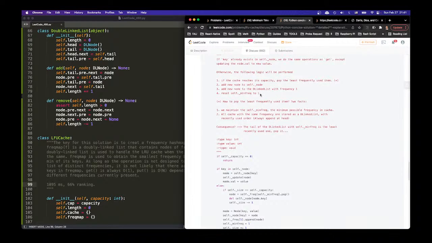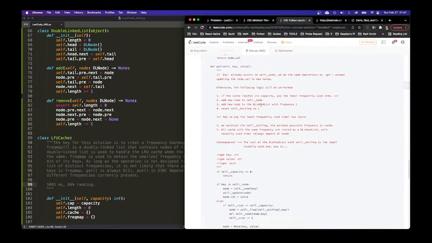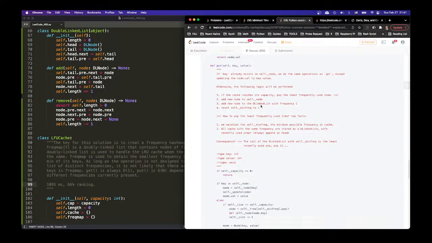It doesn't really matter because for each node, the frequency has to go through 1, 2, 3, 4, 5, right? So if I align my minimum frequency, and then if anything changes to the node in that minimum frequency, well, what if I pop and nothing new gets put in? Hold on, if I pop and put it into a new frequency, then it can resolve, right? If it's pointing the same, which means it doesn't have, then move on.